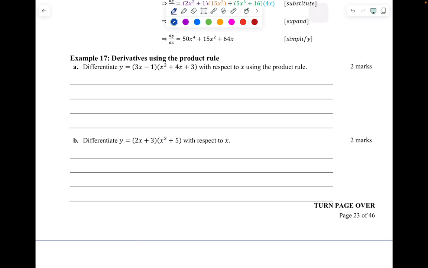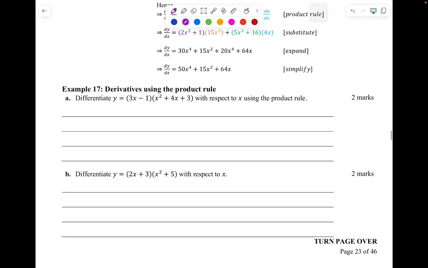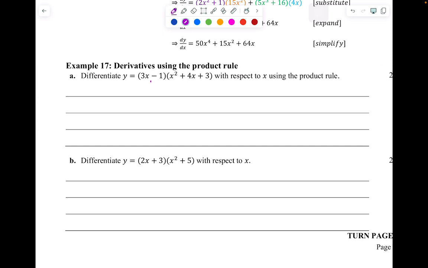We can already identify that there is u and v. So we've got u, we've got v here. And it's good to identify each of these components so that you can apply the product rule.